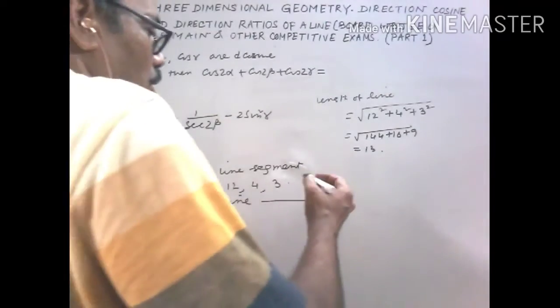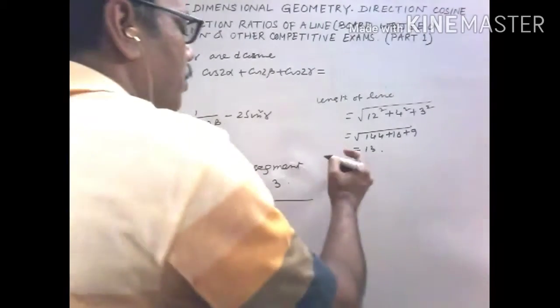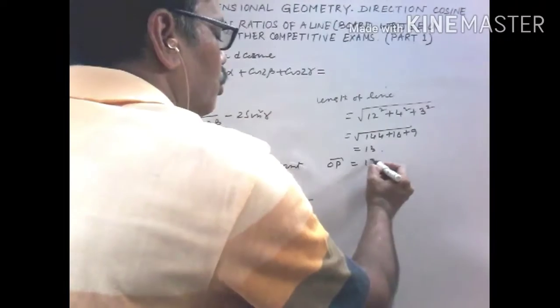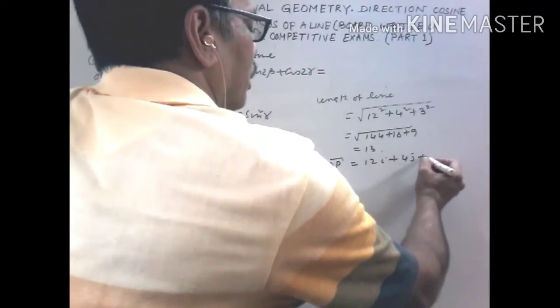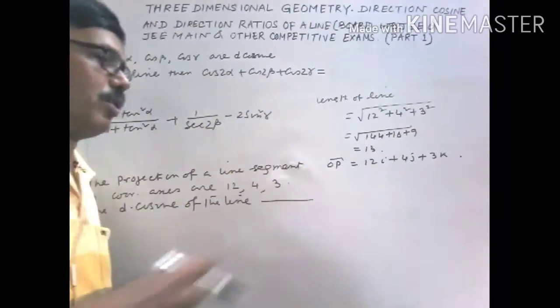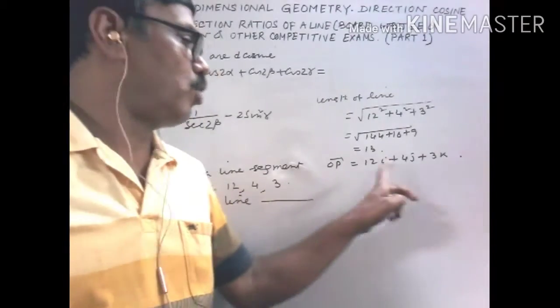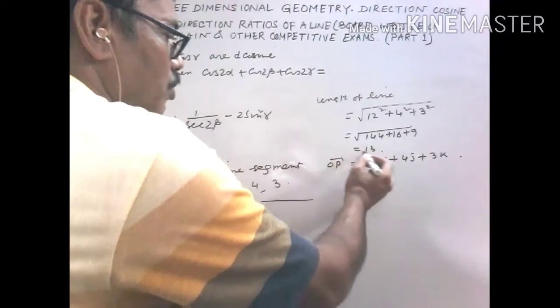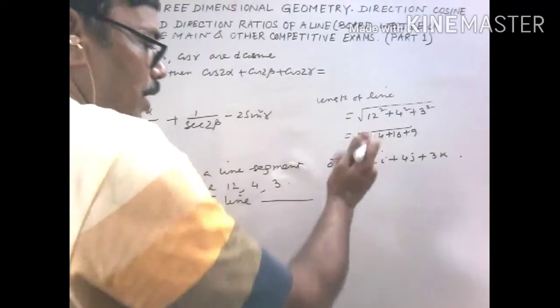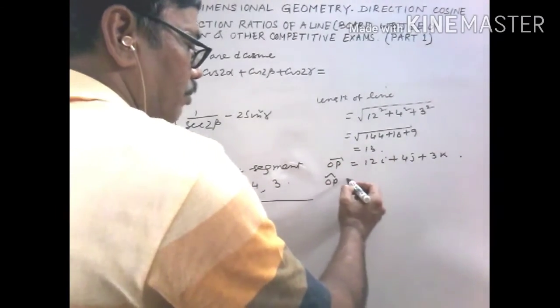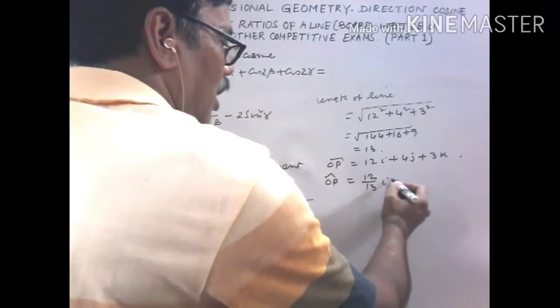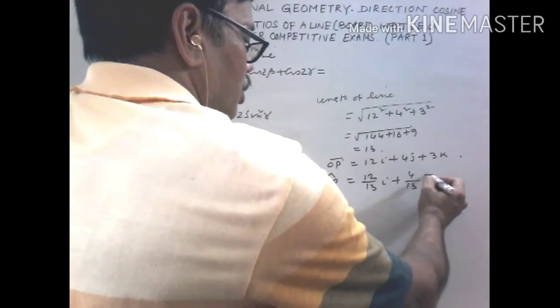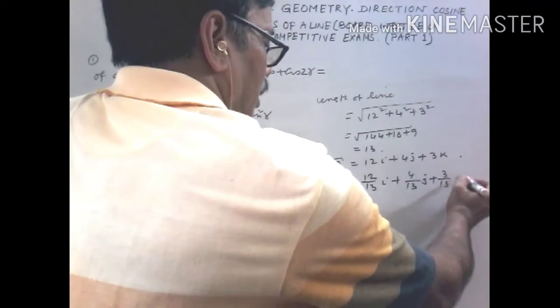Now, the OP vector is 12i, 4j, 3k. So the projections along i, j, k are 12, 4, 3; they are direction ratios. If it is expressed as a unit vector, we have to divide by its magnitude. So what is OP cap? It is 12 by 13 i, 4 by 13 j, 3 by 13 k.